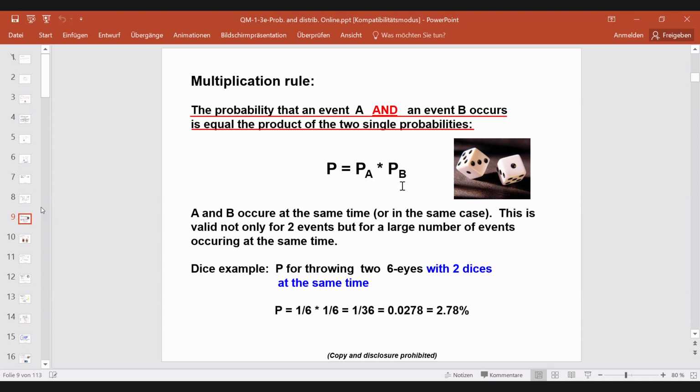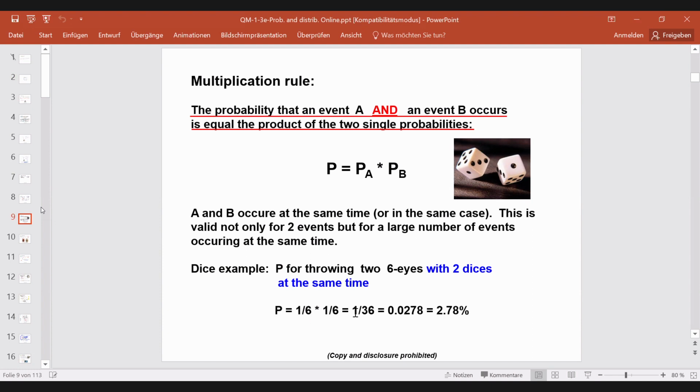So, also an example: you have 2 dice, and the probability of throwing two 6-eyes with the two dice at the same time. So in one throw, you throw both dice one time, and the probability to get 6-eyes with the two dice in one throw at the same time is 1 to 6 times 1 to 6.